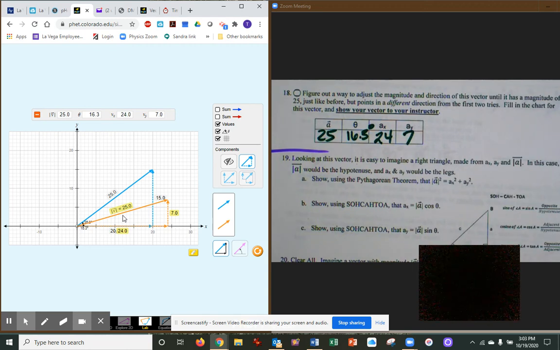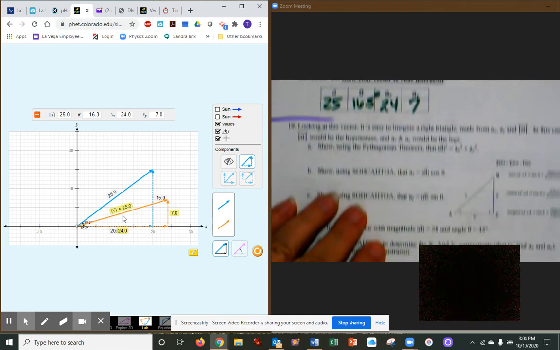As long as you can form the right triangle, the others can be flexible. Just because your resultant is 25 doesn't mean your legs are always going to be 20 and 15. I still have a magnitude of 25 and a right triangle, but my legs are 7 and 24.